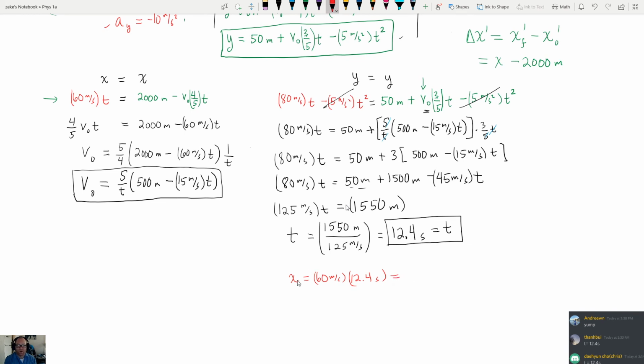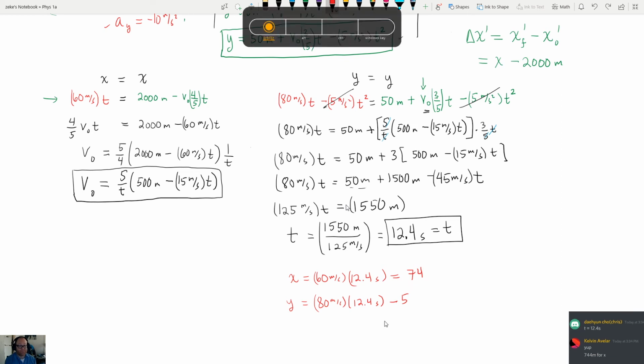And then for the y direction, we'll use this one here. Y is equal to 80t minus 5t squared. So 80 times t, which would be 12.4, minus 5 times... Is that really the answer? 74.4? 744.